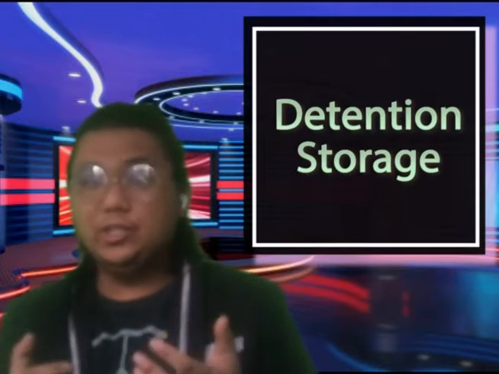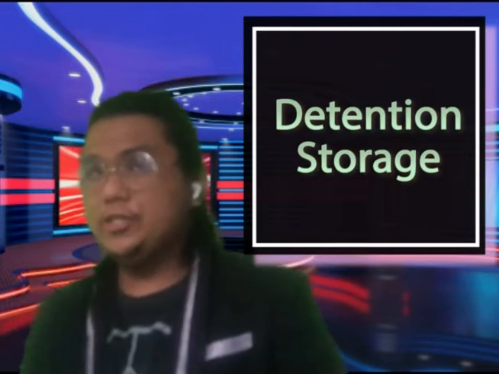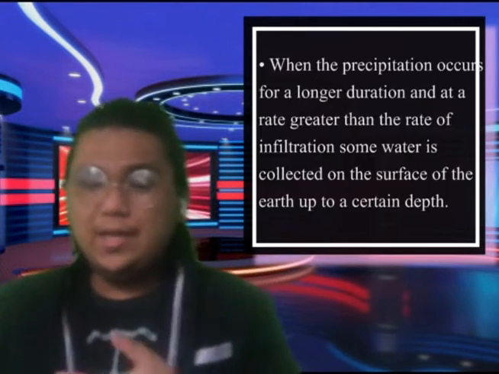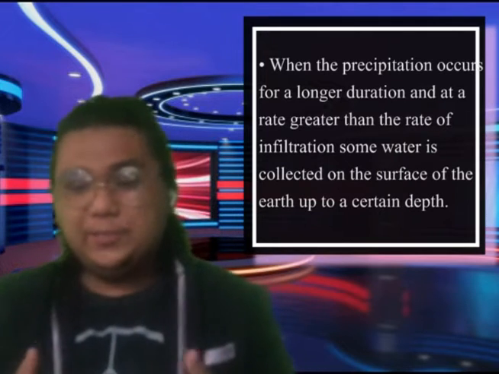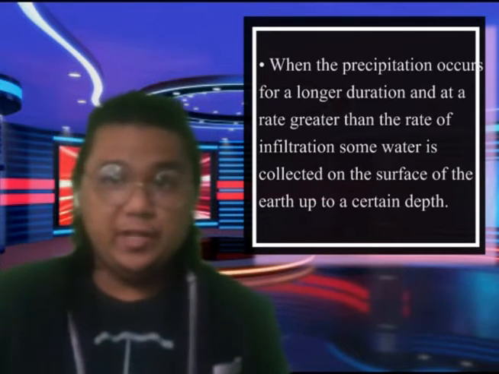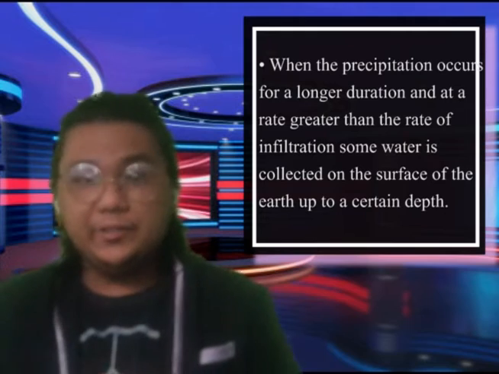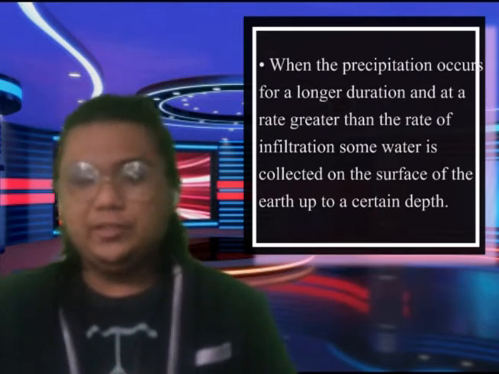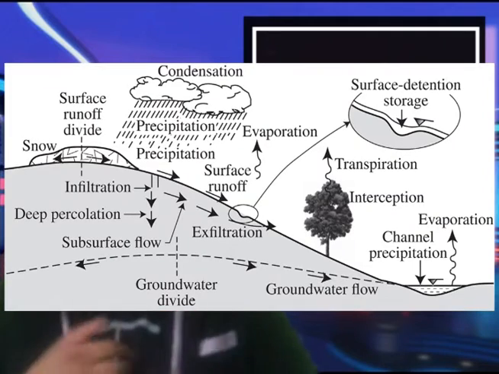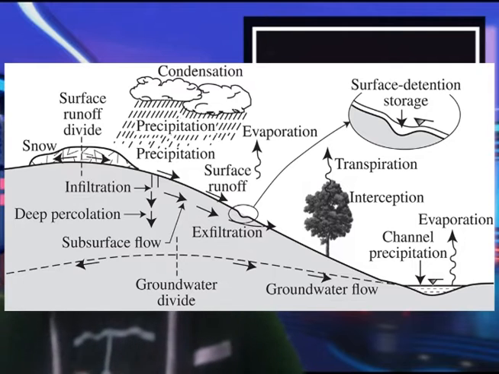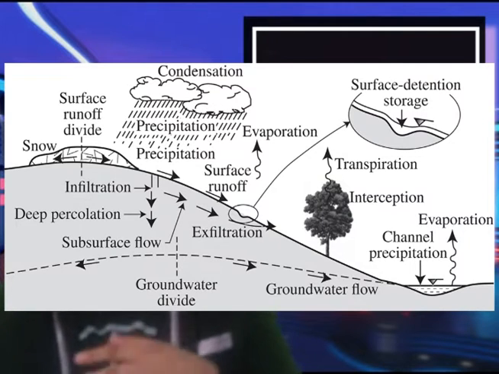The next rainfall abstraction is somewhat similar to depression storage, and it's called the detention storage. The detention storage is a temporary storage, but when precipitation occurs for a longer duration and at a rate greater than the rate of infiltration, some water is collected on the surface of the earth at a certain depth.